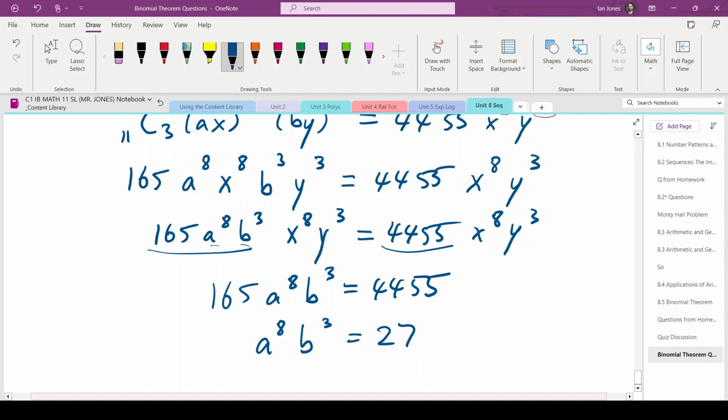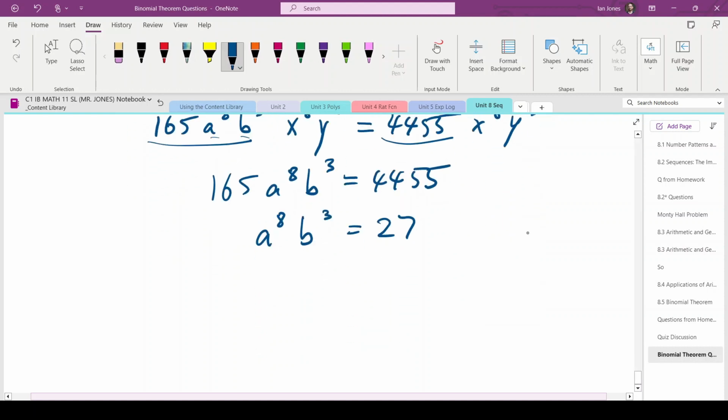And now, because we were told that a and b are integers, we can solve this, right? If we look at this piece here, we can see immediately that without worrying about a, we could say that b is 3. If b is 3, we get 3 cubed is 27. That's fine. And if b is 3, then a has to be 1, or negative 1, I suppose.